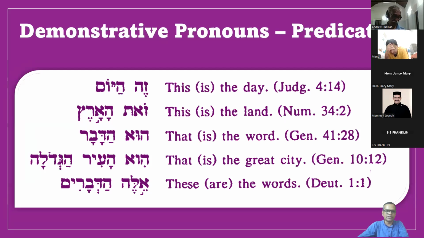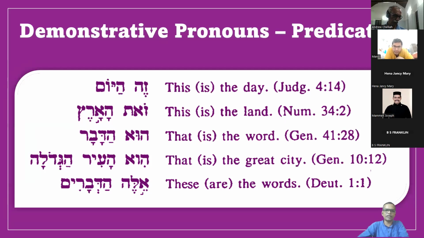It agrees with the gender and number, but not with the definiteness because ze is not carrying a definite article. So what we have to do, like how we did for the adjectives, we need to supply the verb to be here. So it is not this day, but this is the day. So there you see the definite article is translated.